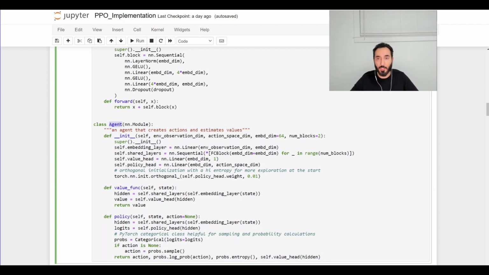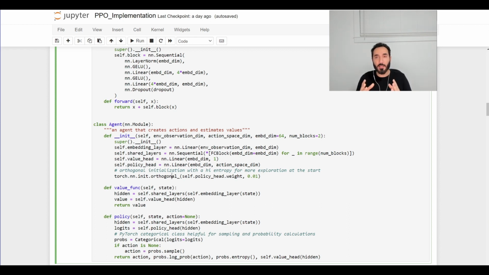We call it the agent, which is a standard neural network from PyTorch. The only thing here that you might want to think a little bit more about is this initialization that we have over here. Basically, rather than just using the typical initialization that we have in neural networks, we use an orthogonal initialization.